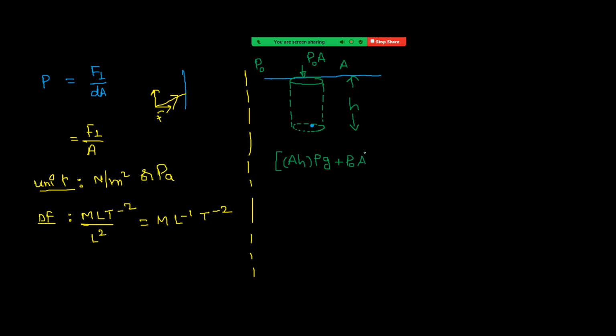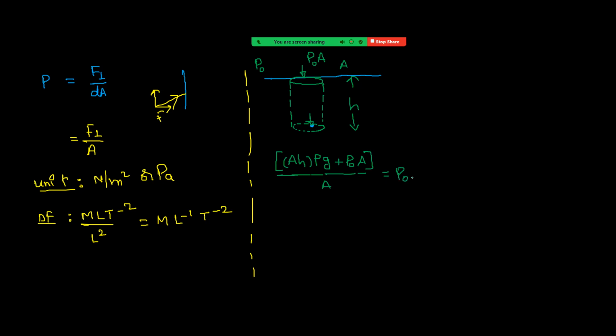So this is the force acting on the bottom of the cylinder. Now divide this force by area, because this force is acting normally on the base and we want the normal component upon area. Then see what we get.